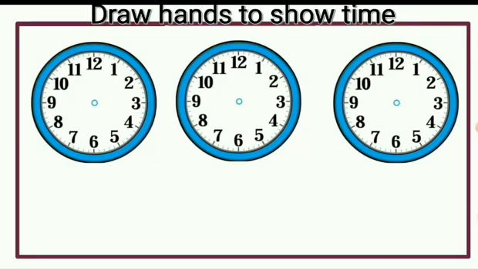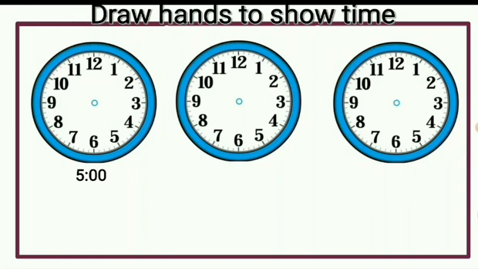Now let's start with today's class, that is we are going to learn to draw hands to show time. Okay, let's take an example here. What is the time? You can see, which I have written, that is 5 o'clock, isn't it? So when we have to draw hands to show time, first we are going to show the minute hand.